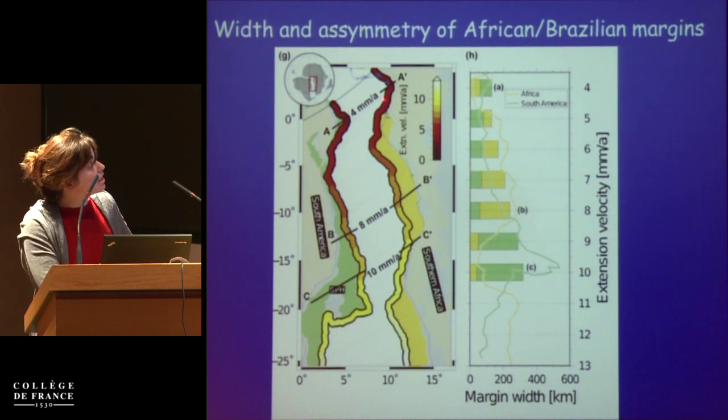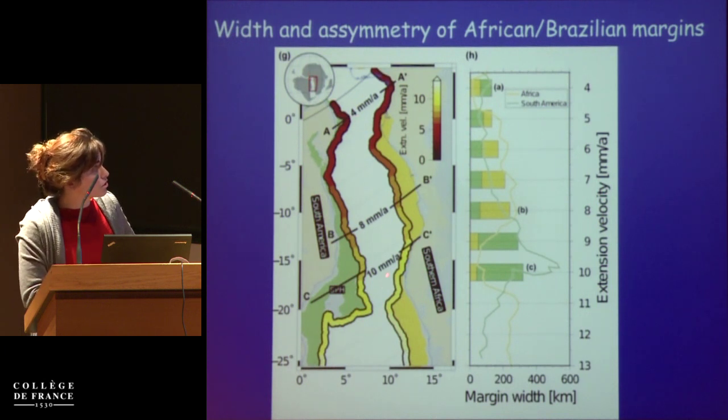So this is the stage just at the onset of seafloor spreading of the two margins. The stage pole is somewhere around here. Because of this, linear velocities increase oceanward.